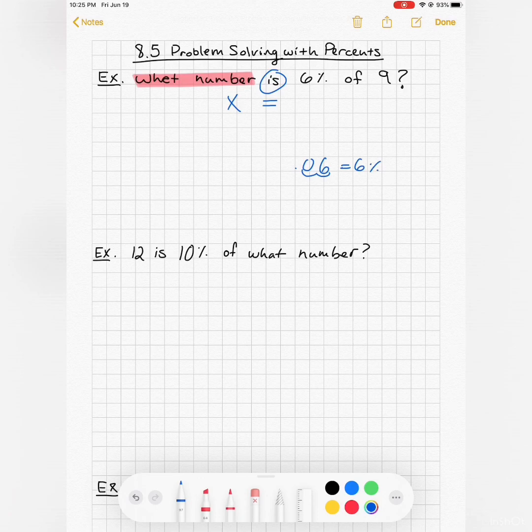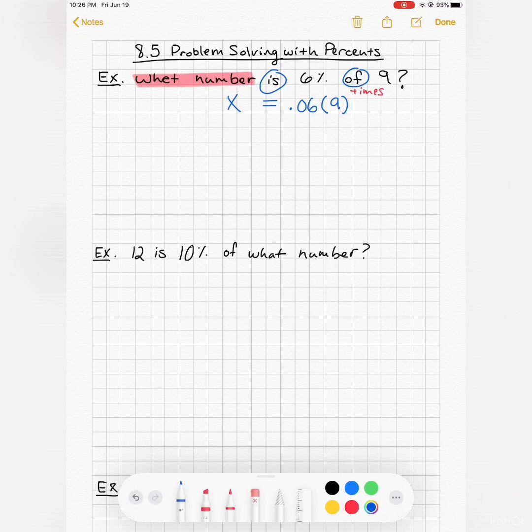Okay, so what number x equals 0.06? The word of translates to times. Okay, so times. So there's my mathematical equation that corresponds to that statement. What number is 6% of 9? x is 0.06 times 9.